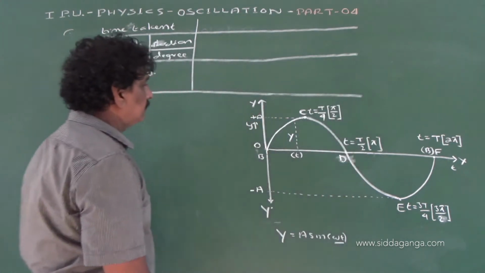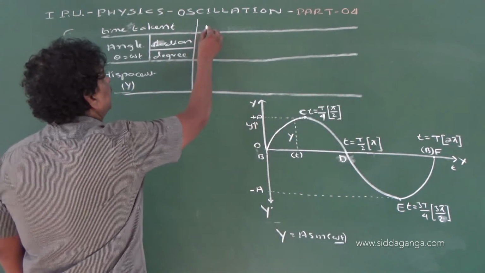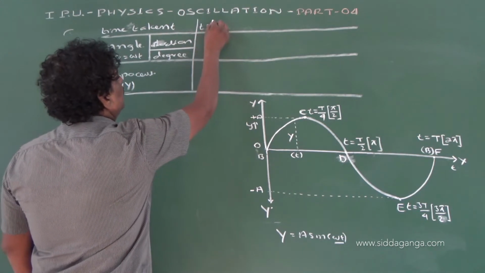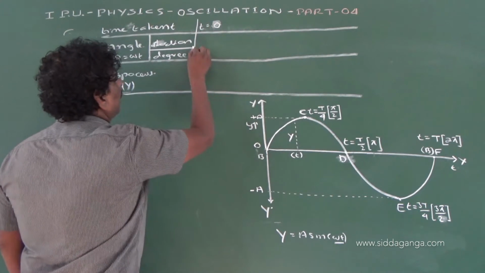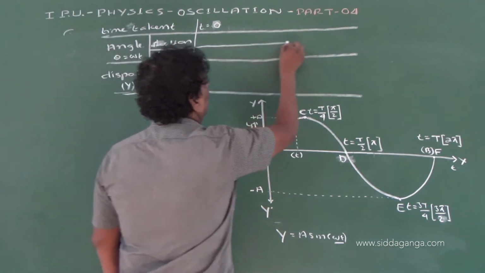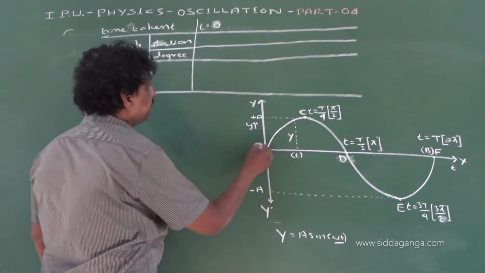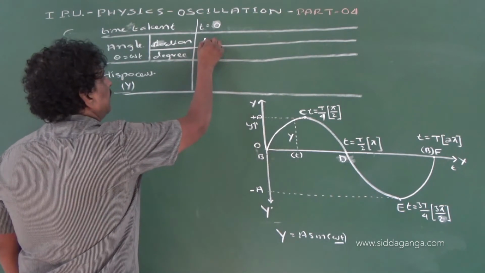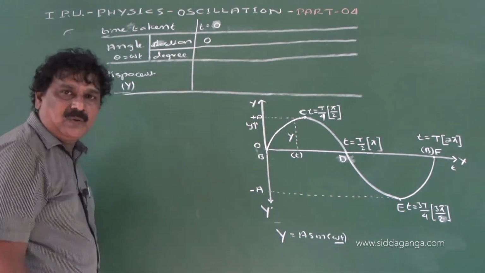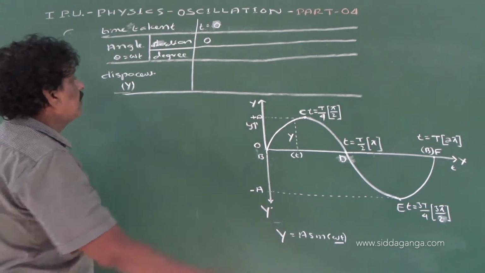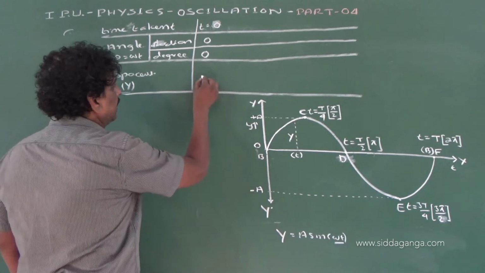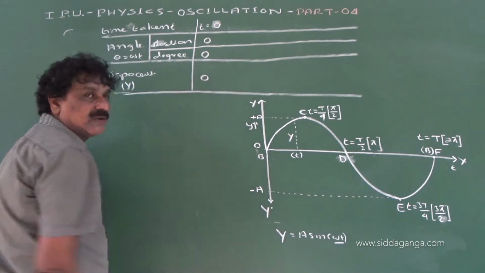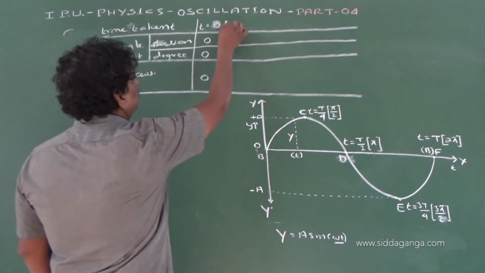Now when time t is equal to 0, the angle is 0, theta is equal to omega t is equal to 0, in degree it is also 0, and the displacement y is equal to 0.